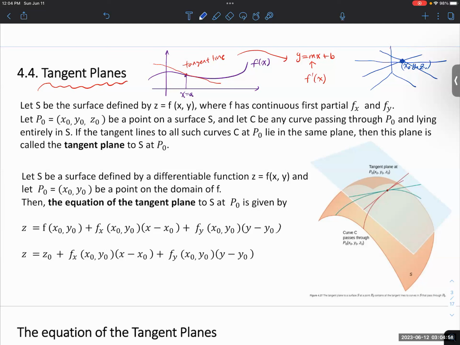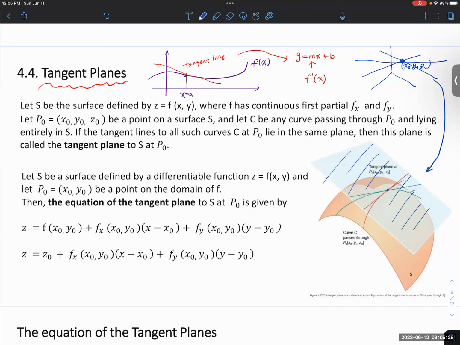But I'm not looking for a line. I'm looking for the plane that touches this particular point. As you see in the image, it's a little hard to imagine, but there are infinite lines passing through this point, and I want to find the plane that covers this point. We call that a tangent plane.